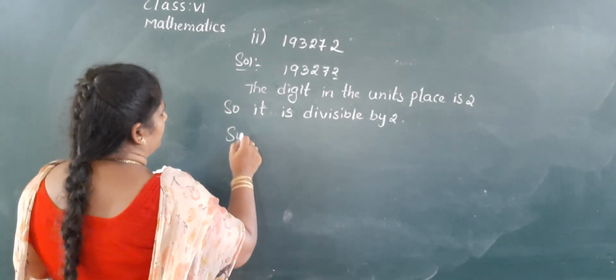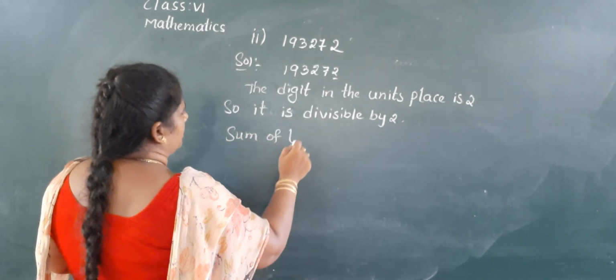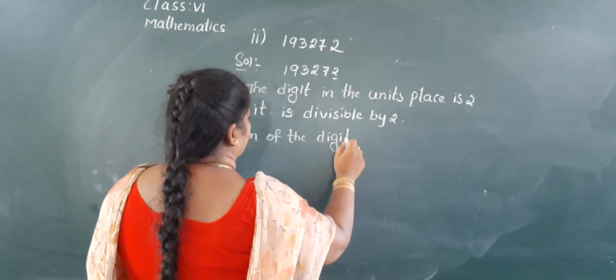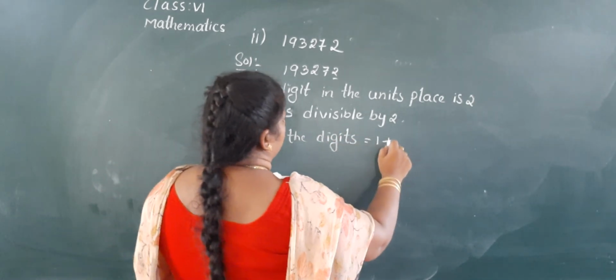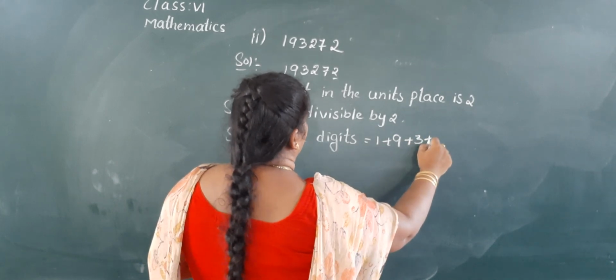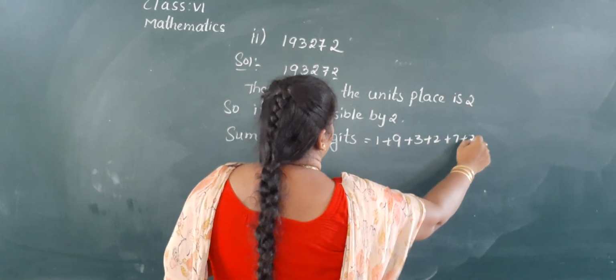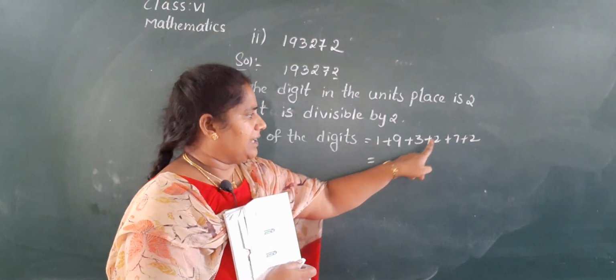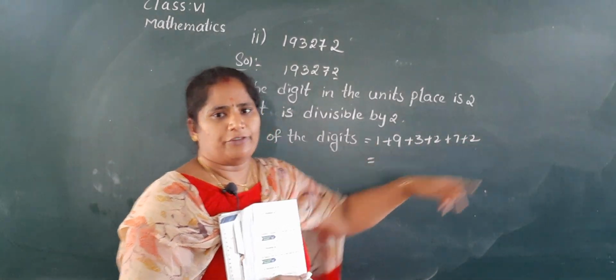So, sum of the digits equal to, come on, add these numbers, Nana. 1 plus 9 plus 3 plus 2 plus 7 plus 2. Add 1 plus 9, 10. 13, 15, 22, 24.